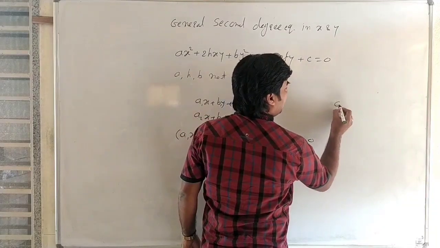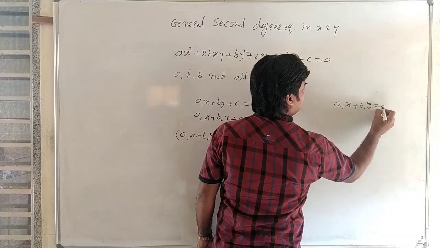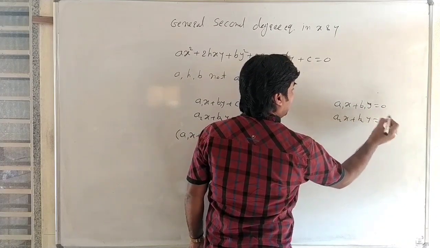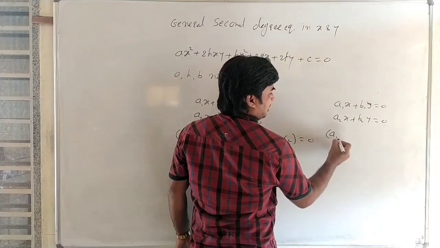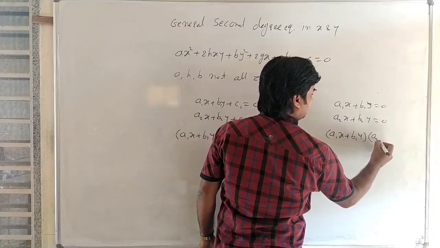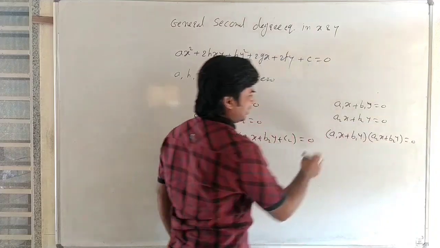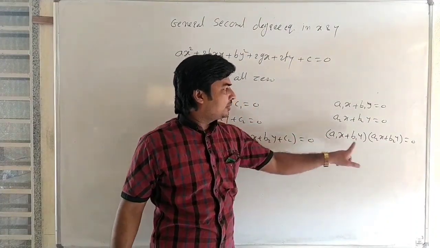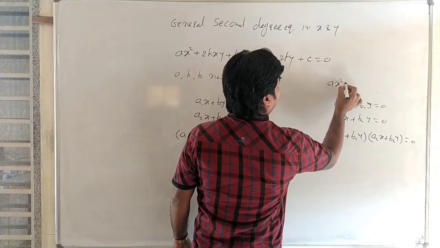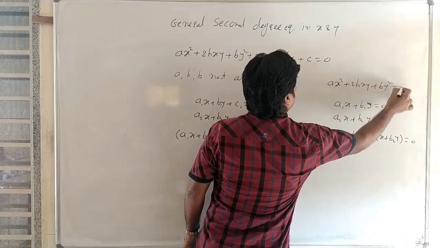Here we know that the combined equation of lines passing through origin represents the second degree homogeneous equation, and that is in the form of ax square plus 2hxy plus by square equal to 0.